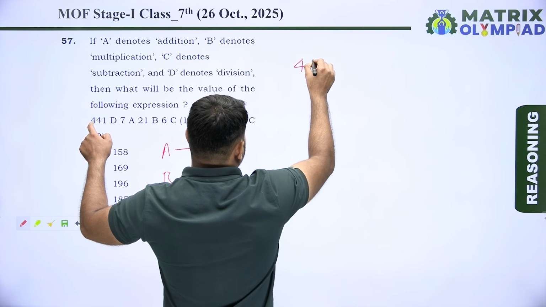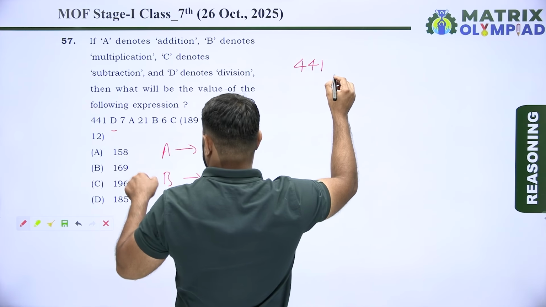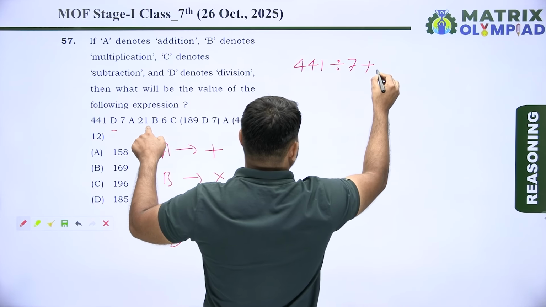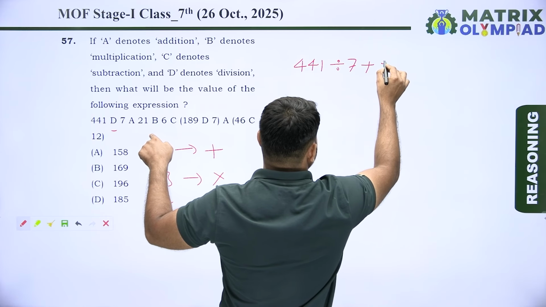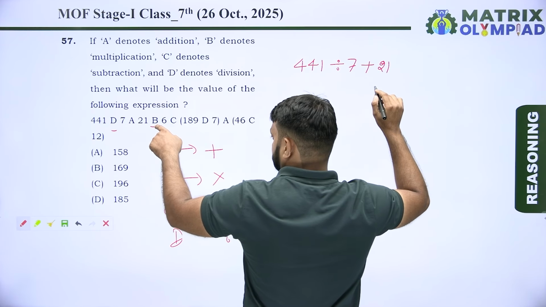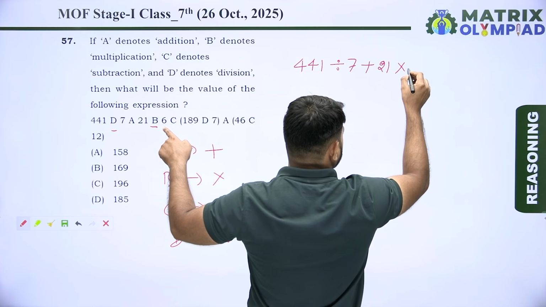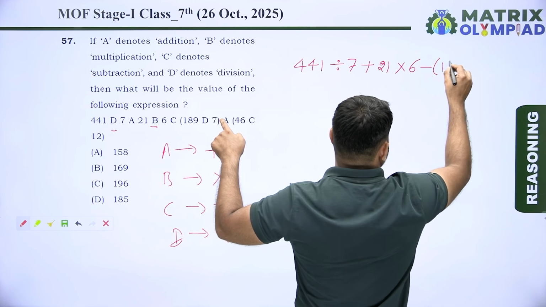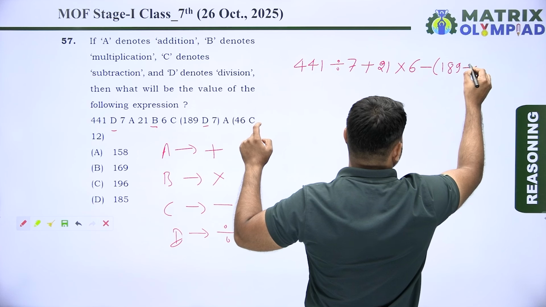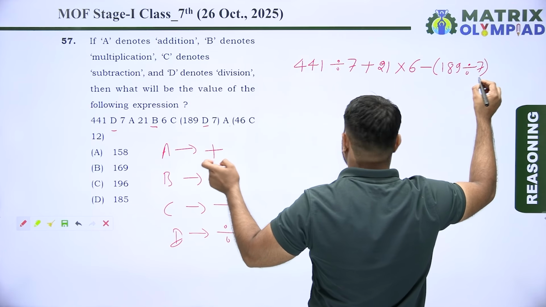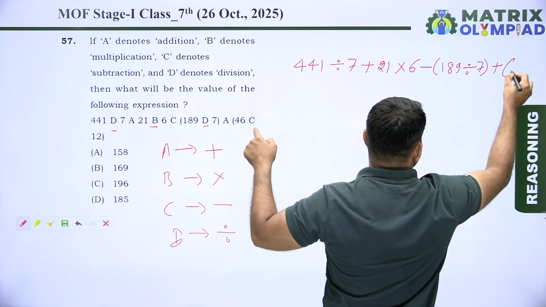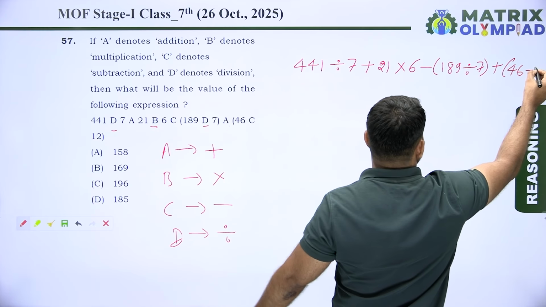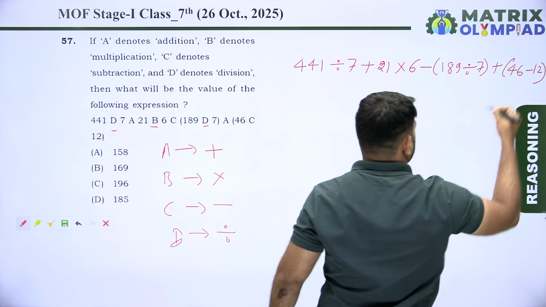Now the expression is 441 D 7 A 21 B 6 C (189 D 7 A 46 C 12). D means divided by 7, A means addition 21, B means multiply by 6, C minus, bracket 189, D means divided by 7, bracket close, A means addition, again bracket 46, C means minus 12, and then bracket close.